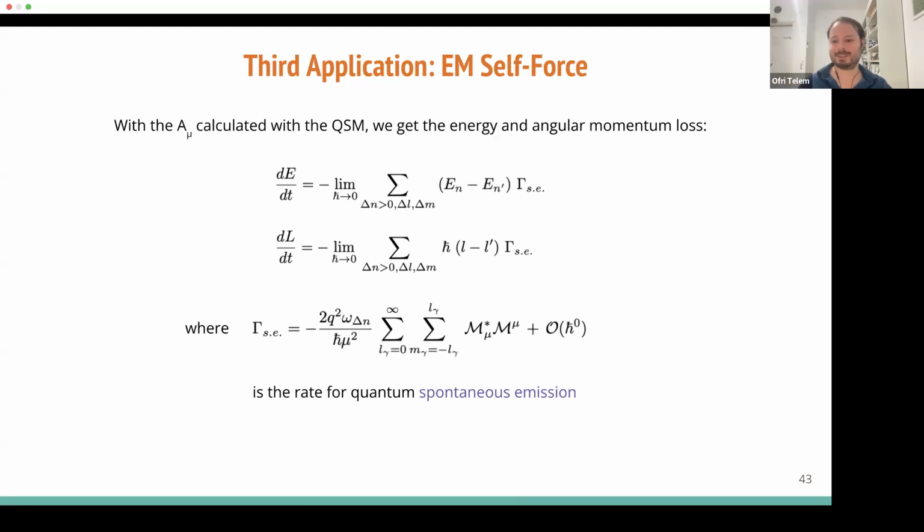So this is pretty satisfying. The energy and angular momentum lost to classical radiation is the classical limit of spontaneous emission in the hydrogen atom. This is something that I don't think anybody would object to, but as far as I know, it's the first time somebody shows it just analytically.